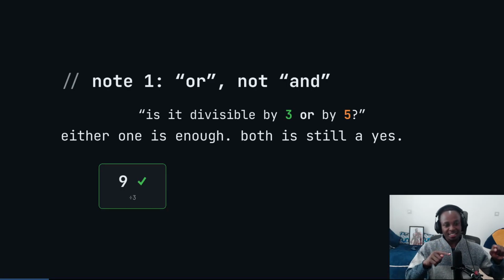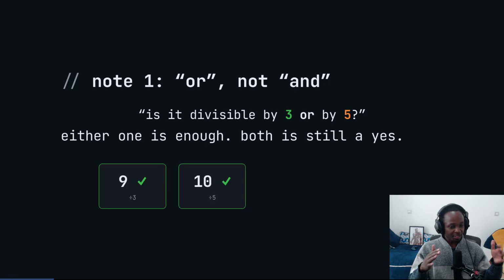Yes. So we don't need to check whether it's divisible by 5. Then another one is 10. Is 10 divisible by 3? No. Then we ask ourselves, is it divisible by 5? Yes. So that's also a tick.